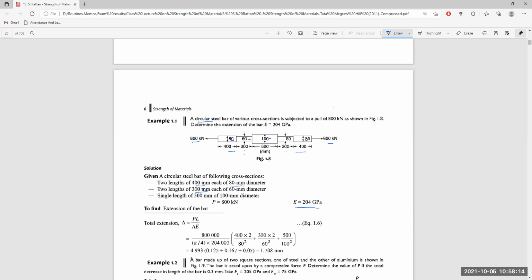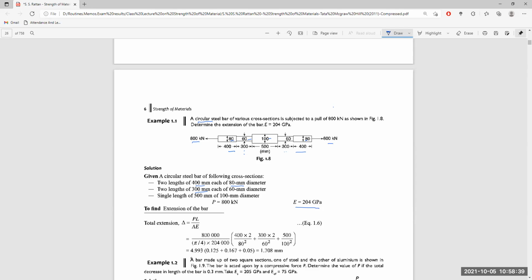P into L by A into E, that is 800 multiplied by 1000, and E is 204 megapascals, divided by the cross-sectional area, which is different in different places. Here the cross-sectional area is 80 millimeter, and there are two such sections, so the length is 400.